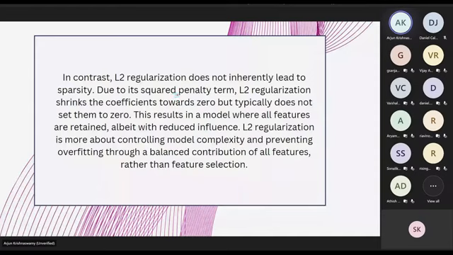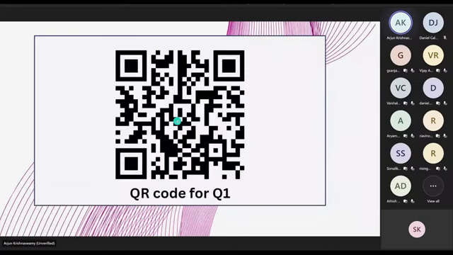So before we move on to the next type of regularization, I'm hoping all of you are clear with what I've explained so far. So you'll have to answer this simple Slido question. I'm hoping you're able to scan the QR. If you're able to scan the QR and answer the questions, please let me know.